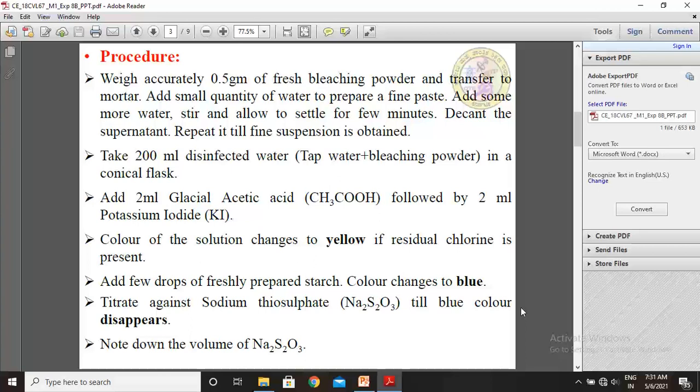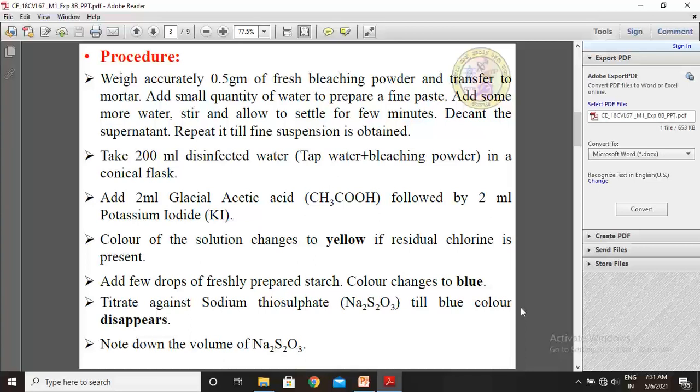Weigh accurately 0.5 gram of fresh bleaching powder and transfer to mortar. Add small quantity of water to prepare a fine paste. Add some more water, stir and allow to settle for a few minutes. Decant this supernatant. Repeat it till fine suspension is obtained.